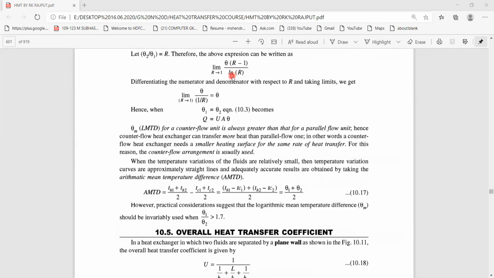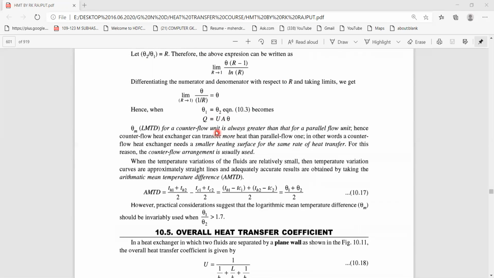The differentiation of ln r with respect to r is 1 by r, which tends to 1 as r tends to 1. So the limit equals theta itself, because theta 1 equals theta 2. So I can take only theta.